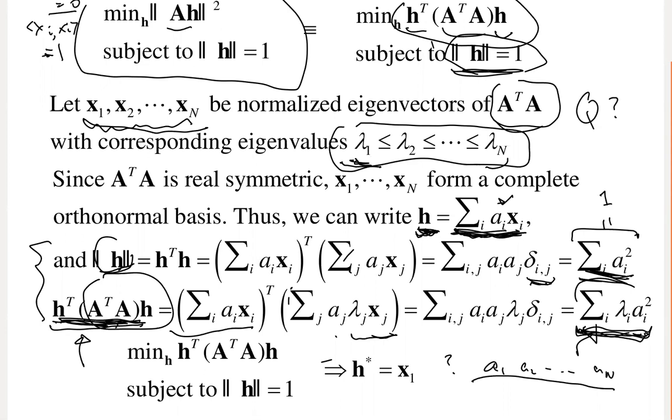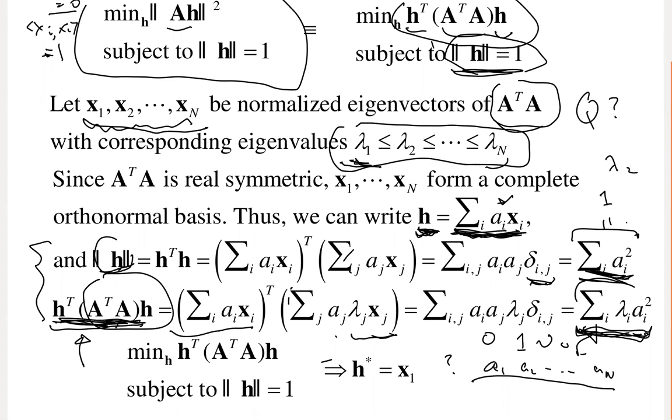Note that I can only allocate the a's in a way that they cannot all be 1. For example, if one of them is 1, then the rest have to be 0, because the sum of squares is equal to 1. For any other choice, for example if I put 0 here and 1 here, I will get lambda 2.